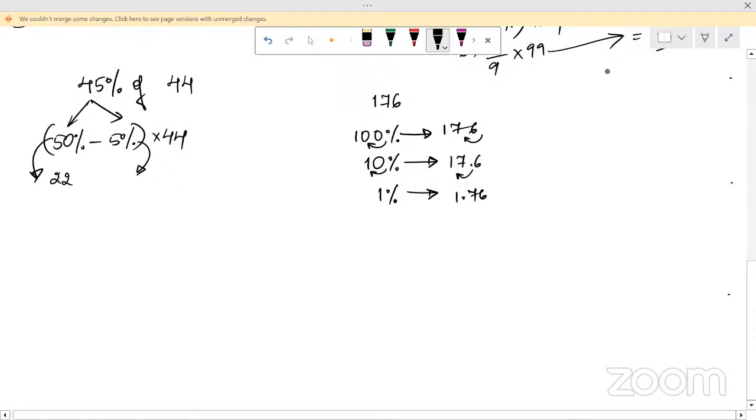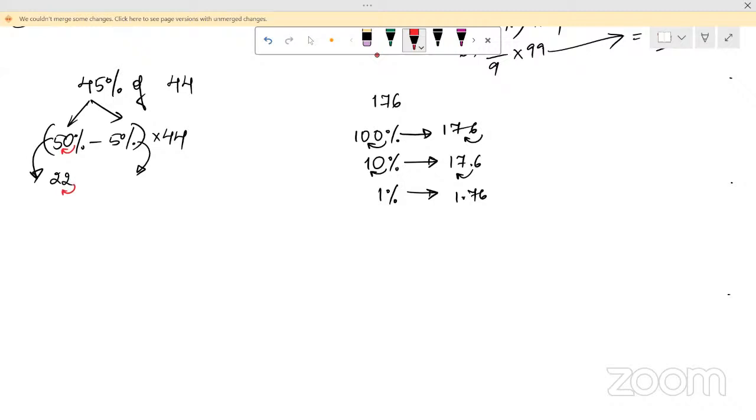Exactly, because now you can see a shift in decimal place. So 5% will be 2.2. Easy, no? What is the answer then? So 19.8. Exactly. Easy or not?